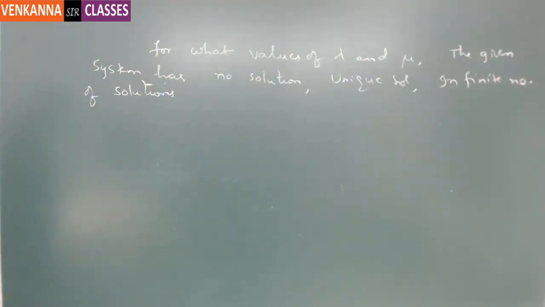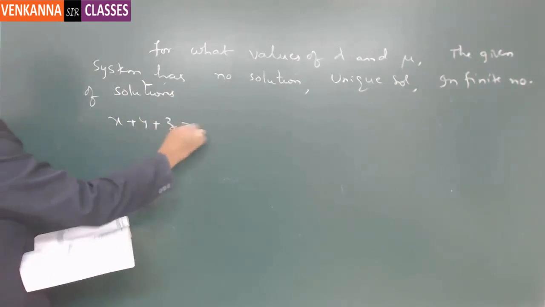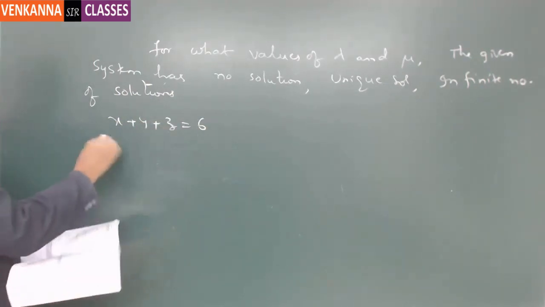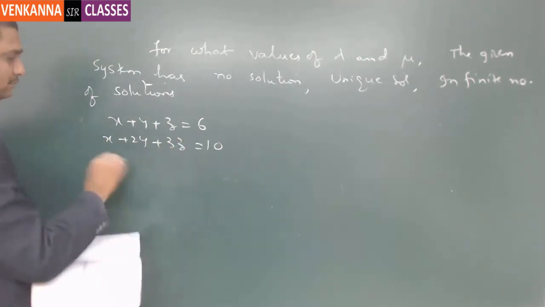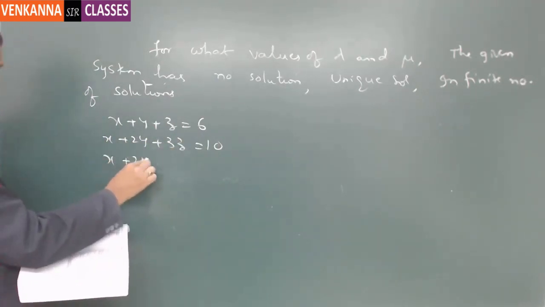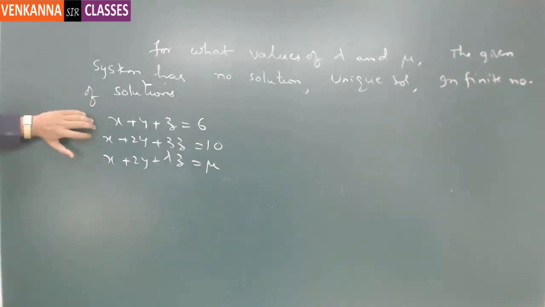And the equations are given as x plus y plus z equal to 6, x plus 2y plus 3z equal to 10, x plus 2y plus lambda z equal to mu. So in UPSC you can expect a similar kind of question. I think this question was asked twice.